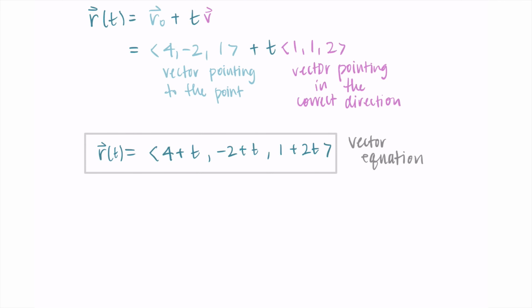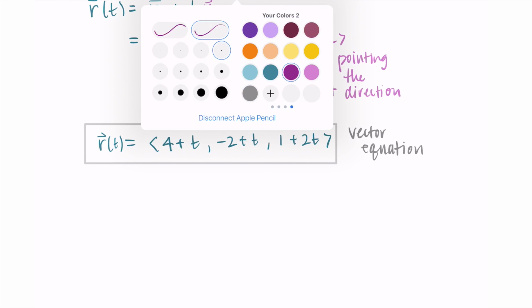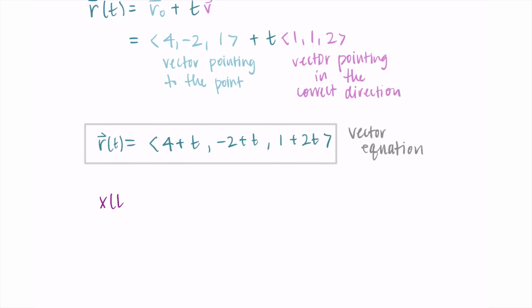Okay, so we were also asked to find the parametric equations. Since we've already combined these into one vector, we are just going to take out the individual components and make them the equations. So x of t is the x component, 4 plus t. y of t is the y component, that's -2 plus t.